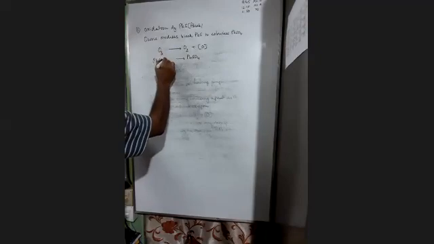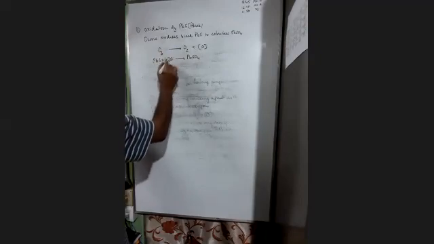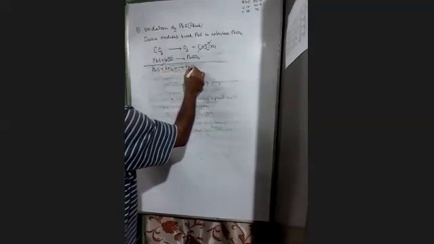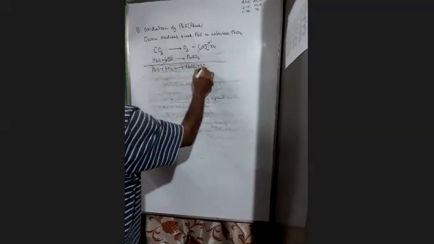Who will supply these oxygens? The first step, so you have to multiply by 4. You don't have to learn by heart. PbS plus 4O3 gives PbSO4 plus 4O2.